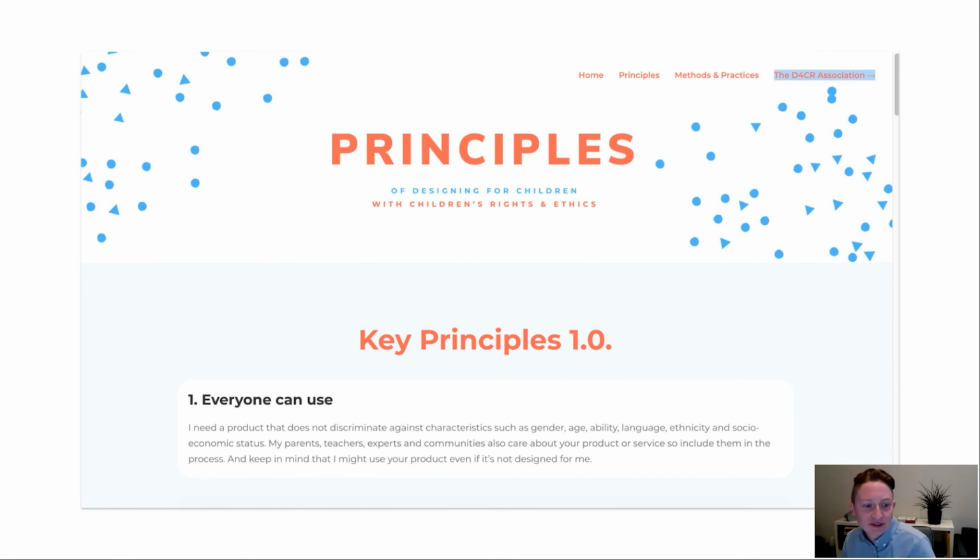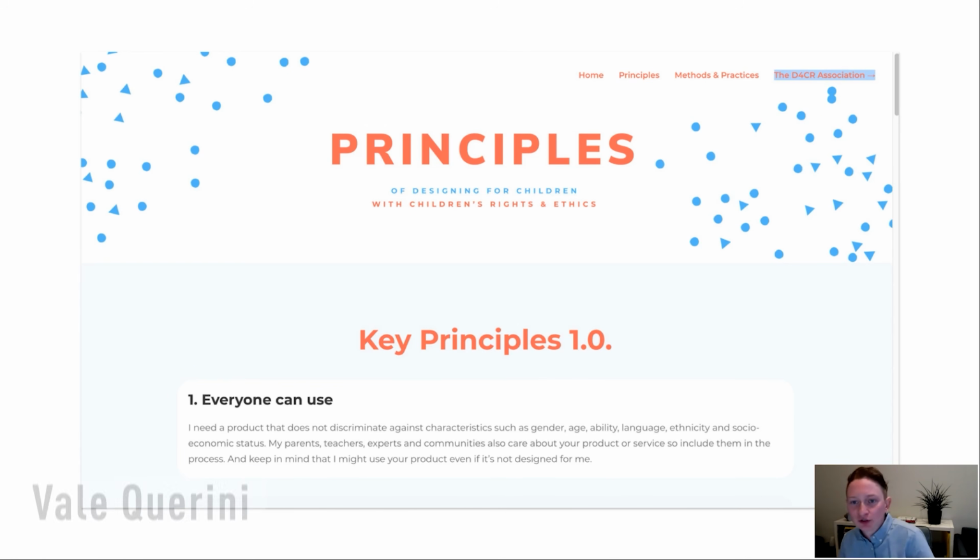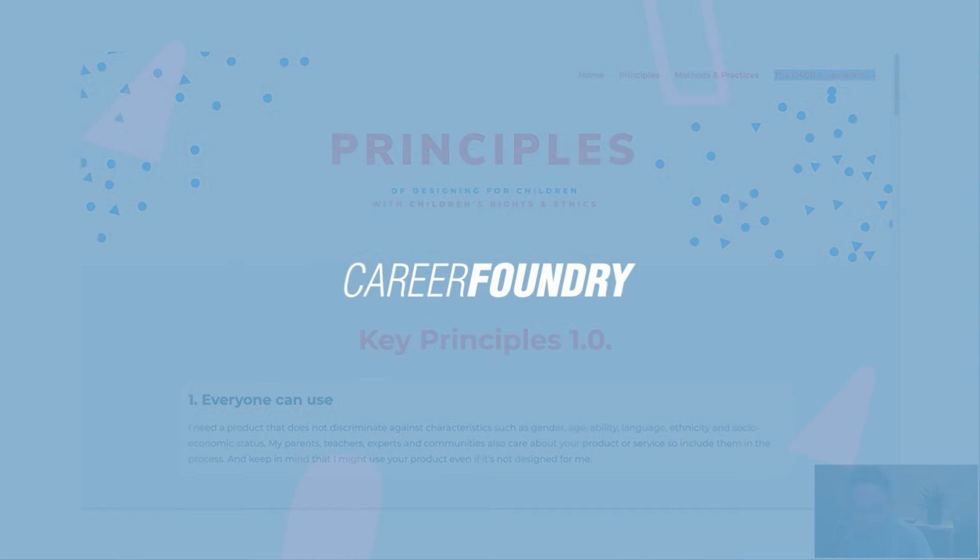And the first one is everyone can use. So they make a statement about who should be able to use the products that are designed for children, and they put an emphasis on how all children should be served equally well by those who design products for them.